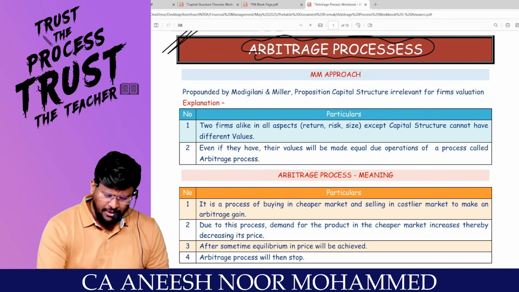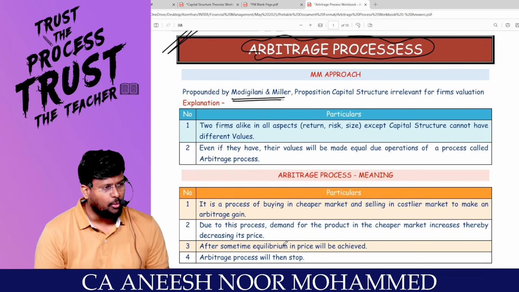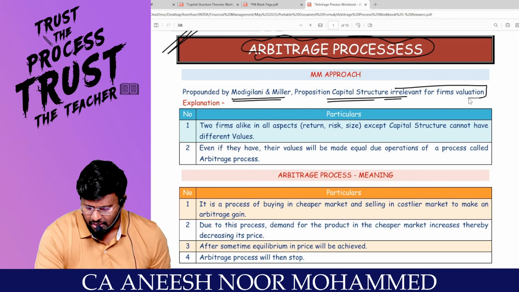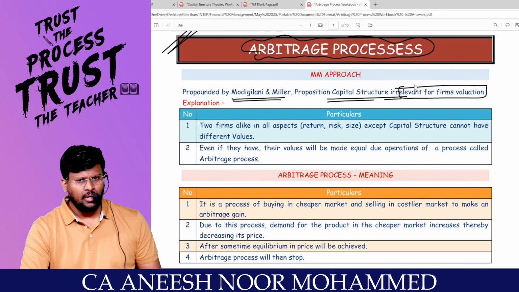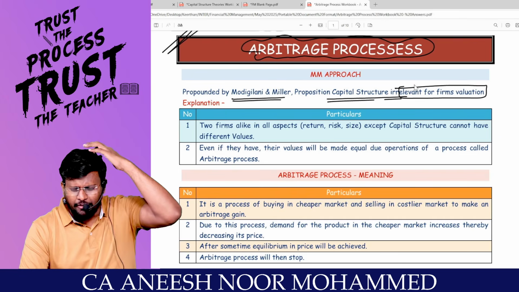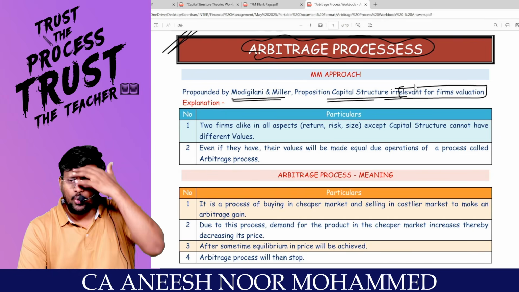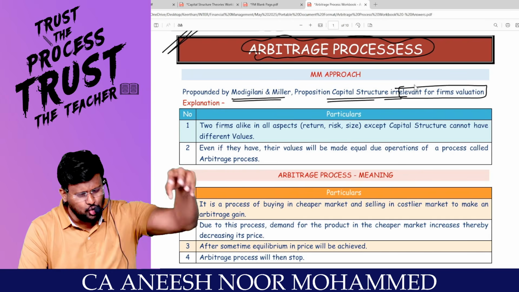What is arbitrage? It is propounded by Modigliani and Miller: capital structure is irrelevant to valuation. According to MM, if two firms are alike in all aspects except capital structure, the value of the firm will not change.